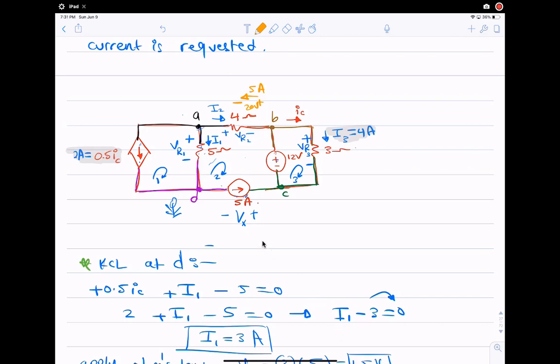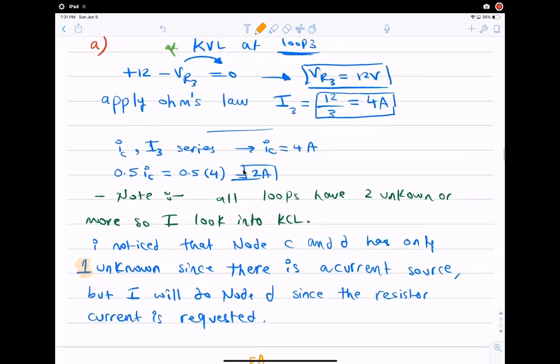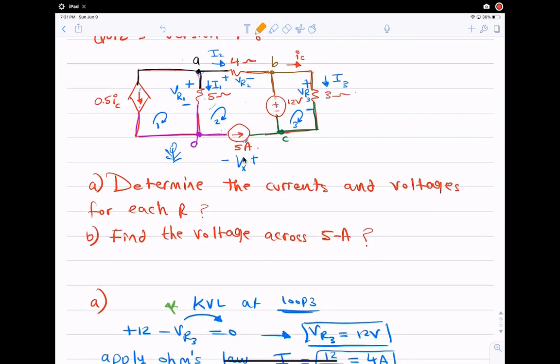Now, for part B, he asked for Vx. He said find Vx, right? Now, I found the voltage here. I found the voltage here, right? Because I know the voltages through those two resistors. And I know this voltage source. Can I find this voltage? Yes, by KVL, right? If you do KVL at loop 2, I'm leaving from positive VR1, negative VR2, negative 12, and then negative Vx.